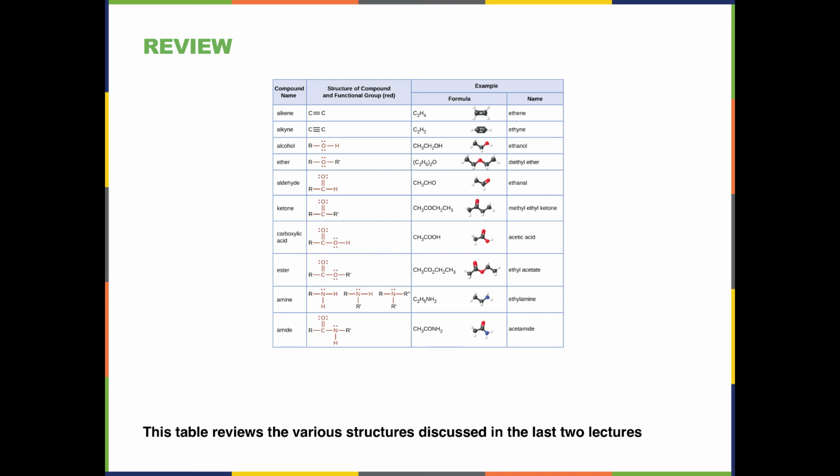And you can also call that ethanoate if you want to. An amine has a single nitrogen, and if you have a single 2-carbon group with the other 2 bonds being occupied by hydrogen, then it's called ethylamine. If you have 2 ethyl groups, it would be diethylamine or even triethylamine.